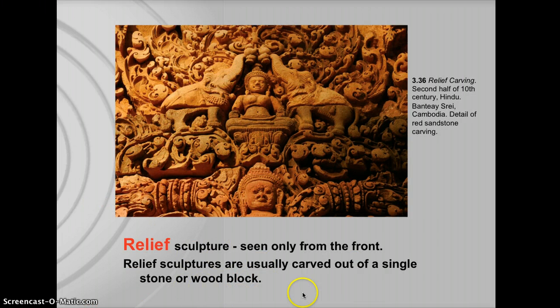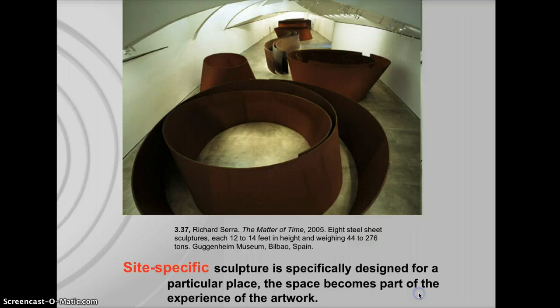So relief sculpture, there's high relief and low relief. High relief is a sculpture that comes from the base, where at least 50% or more of the subject is seen. Low relief, just think of a coin. There's just a little bit of the image raised from the back surface.